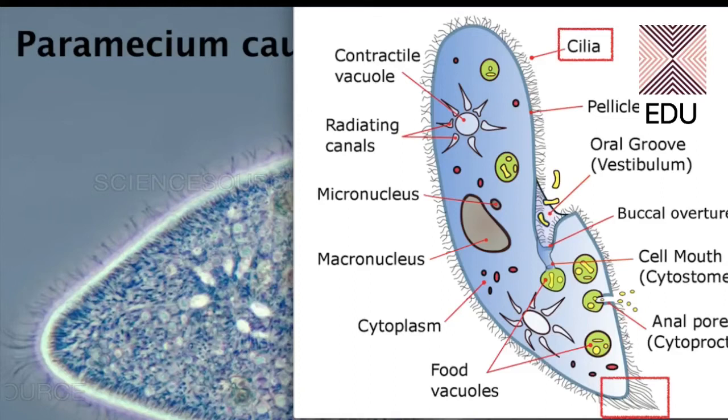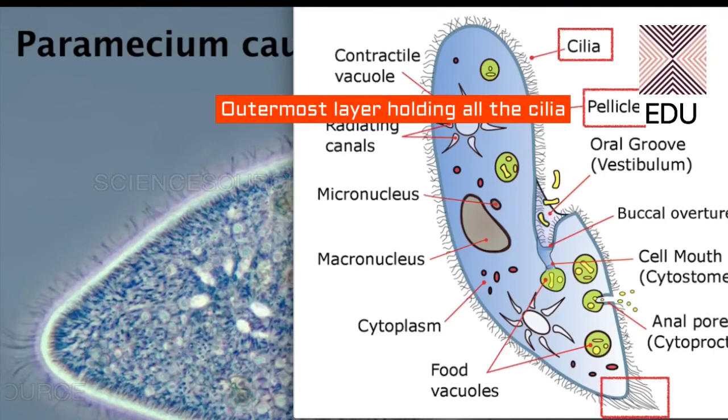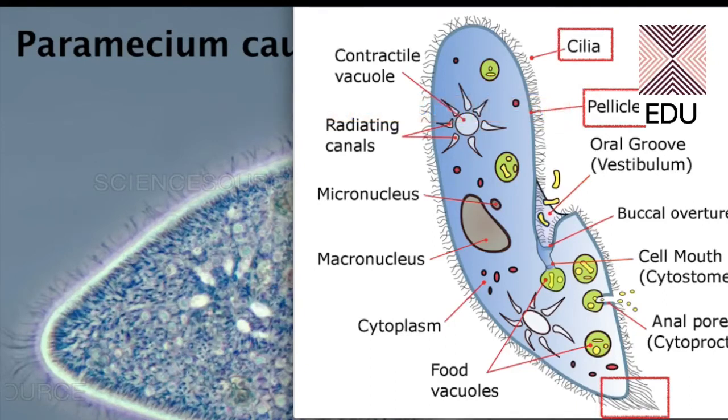After the cilia we have the outer layer called the pellicle. This is the layer in which the cilia are embedded. Now coming inside, we have the cytoplasm.